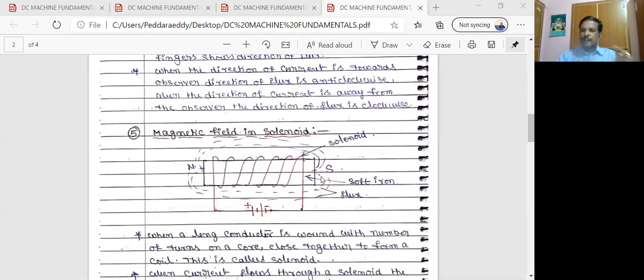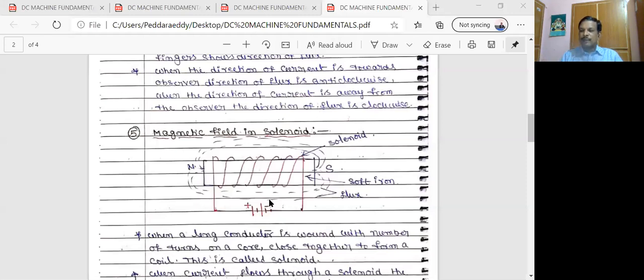So the soft iron piece starts to magnetize. So finally it acts like a magnet. This soft iron piece works like a magnet, just like a magnet. Okay, so when supply fails, what happens? When supply fails, it acts as a soft iron piece.